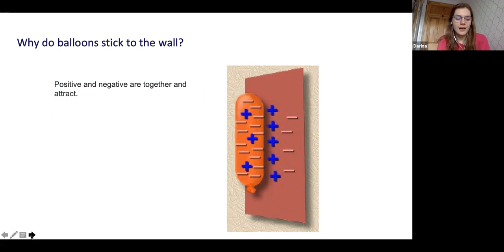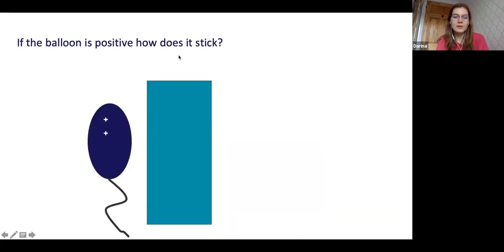Okay, great. So if the balloon is positive, how does it stick? We're repeating the same experiment, but with a bit of a different setup. This time, when I rub my balloon against my head, the electrons travel onto my hair. So the balloon is positive. Does anyone have any ideas why it still sticks if my balloon is positive? Can you type it out in the chat? Any suggestions are welcome. It could just be a little sentence answer.